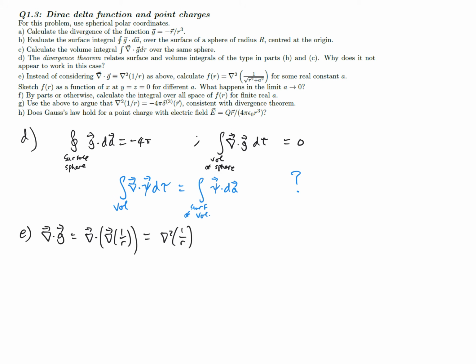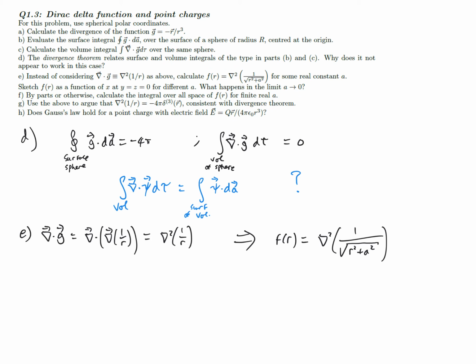So instead of considering this thing, we consider a different function, which I'll call f of r, which is 1 over the square root of r squared plus a squared for some real constant a.